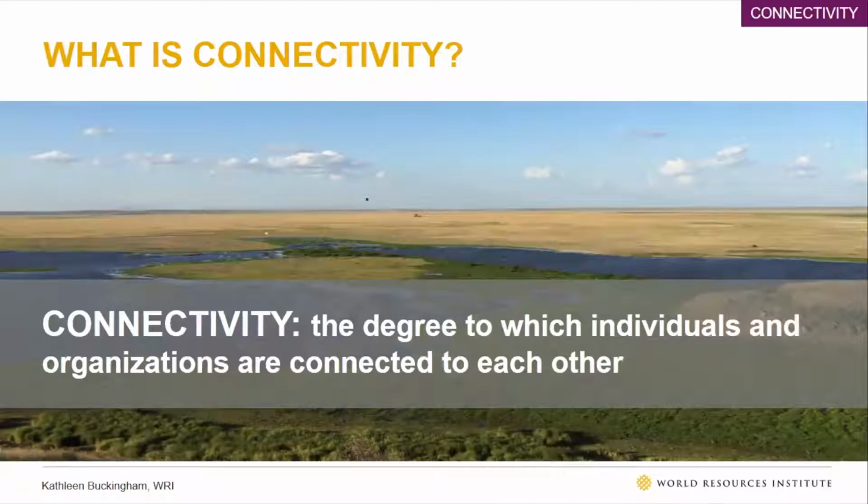When we're thinking about the social landscape, it's important to see it in the same way, that we need to look for channels that can exist to connect people. So thinking about connectivity as the degree to which individuals and organizations are connected to each other, we want to investigate ways of connecting and understanding fundamentally what connections exist.